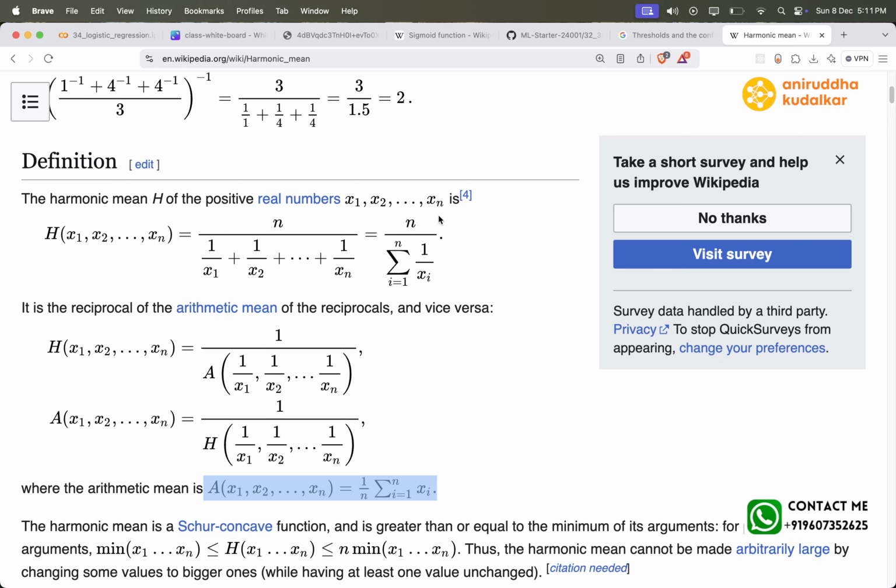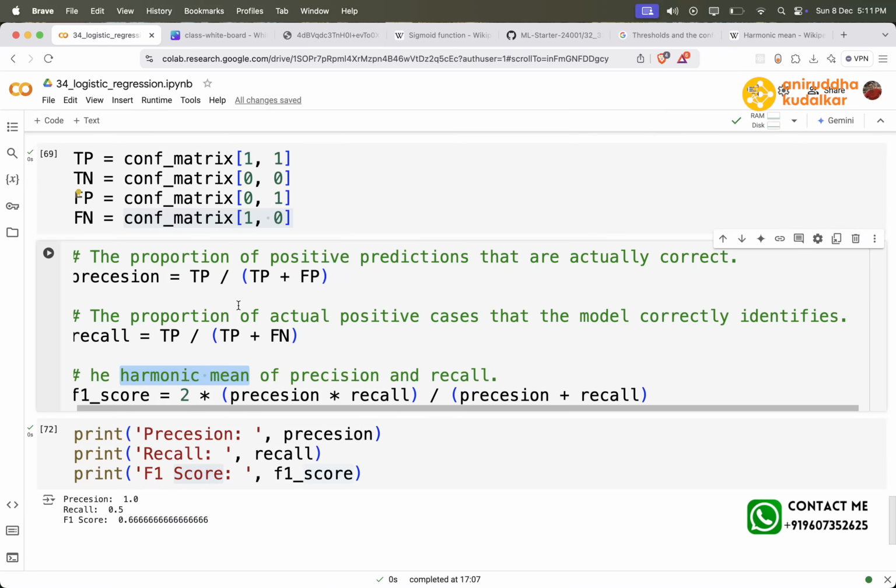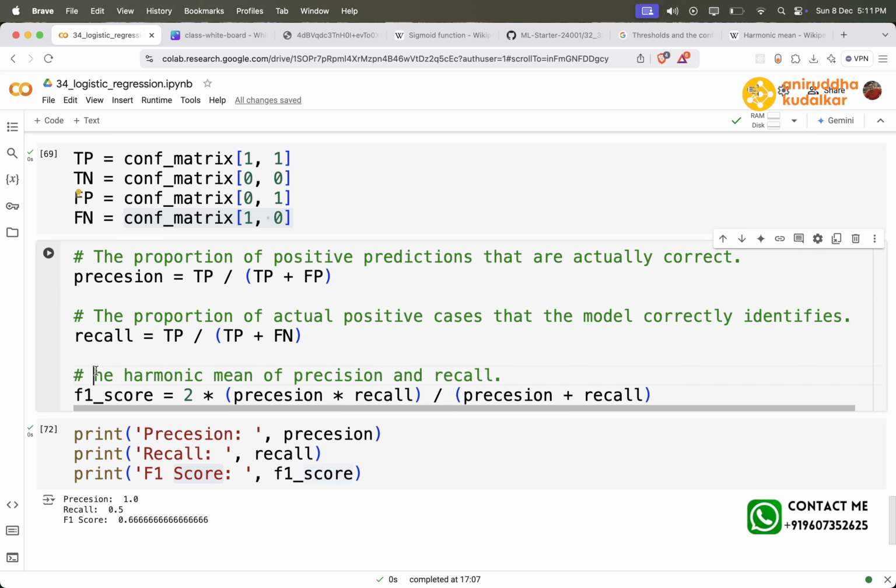So if you see here, the harmonic mean of the precision and recall is the F1 score. Because we have two elements, it is 2 into precision into recall upon precision plus recall.